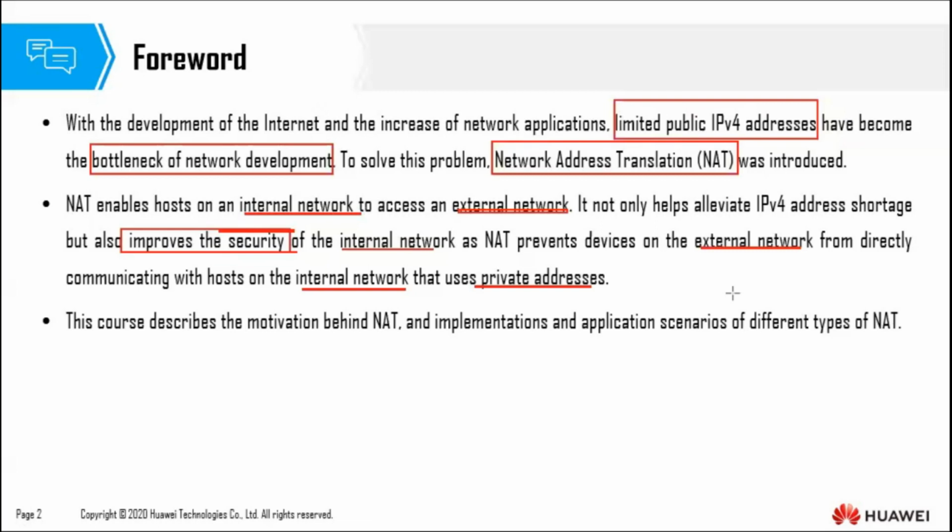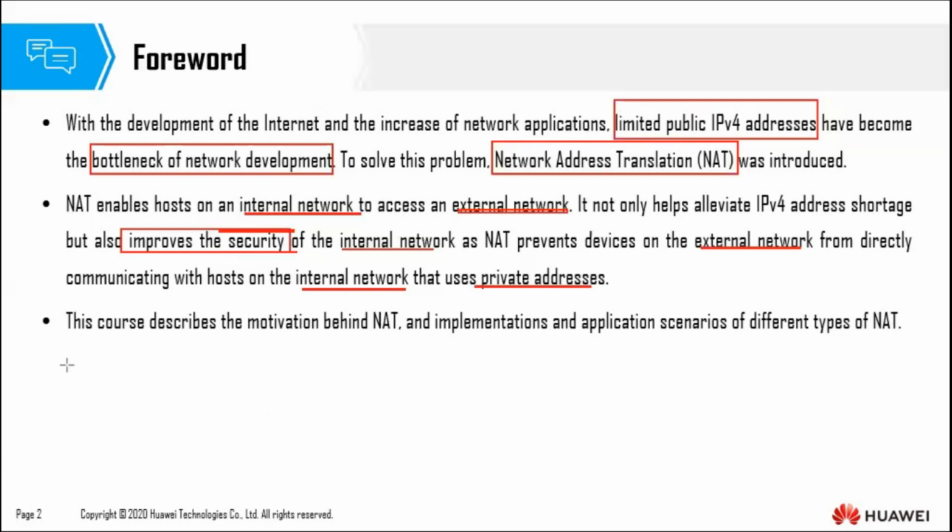And if an association is not there, their packet is going to be discarded. So NATing also is viewed as one of the network security measures that you can take in order to secure your internal private network from the external public network.